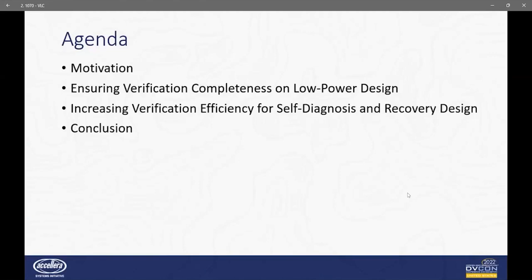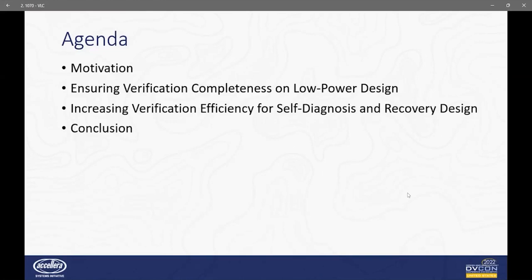We will start by talking about the requirements of automotive system and corresponding verification challenges that will motivate this work. We organized the challenges in terms of completeness and efficiency. First, for completeness, we will explain the complex low-power design and how to ensure the verification quality.